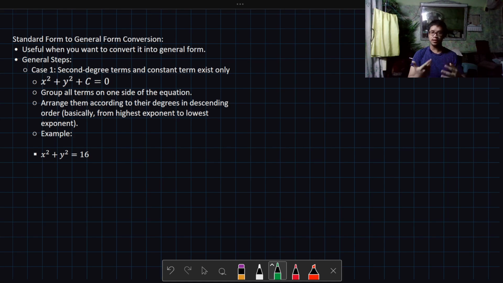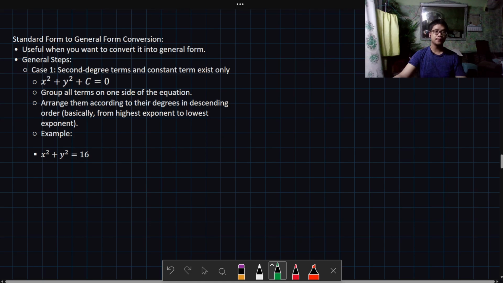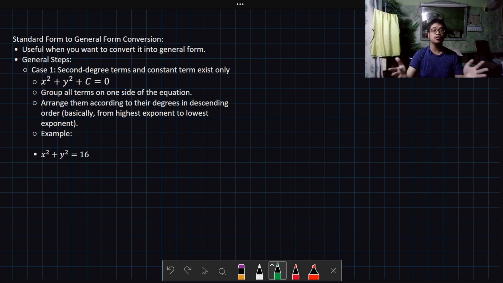Now we do it in reverse way, standard to general. Now, how are we going to do that? Okay, so there are two cases again. For the first case, if you only have x squared, y squared, and then a given constant term, all you need to do is just group them all on one side. That's all, right? That is all you need to do.